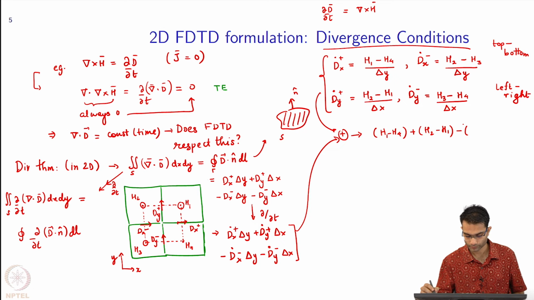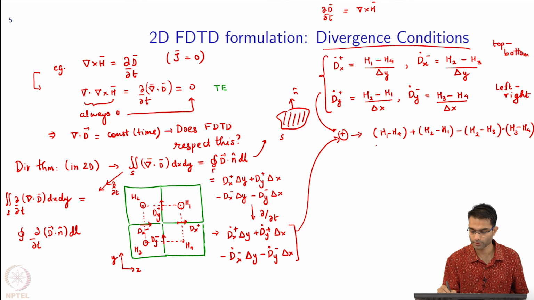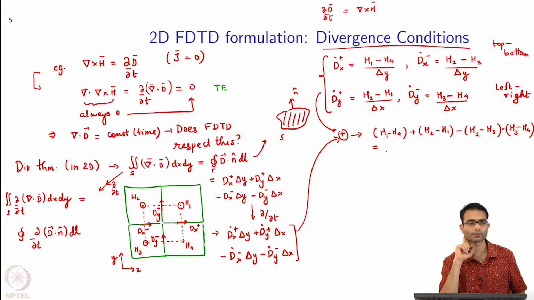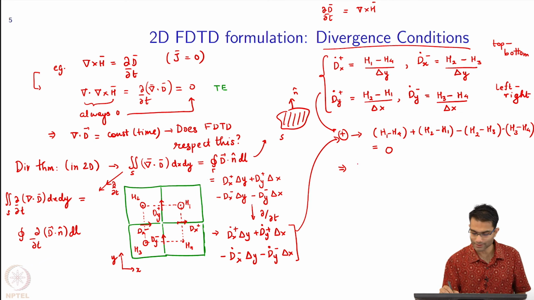Next term, dx minus h2 minus h3, and finally last term is dy minus dot h3 minus h4, right. What is that equal to? What is it equal to? 0. Everything is very neatly cancelled off, right. So, implies that over this tiny cell, del by del t of this remains 0.